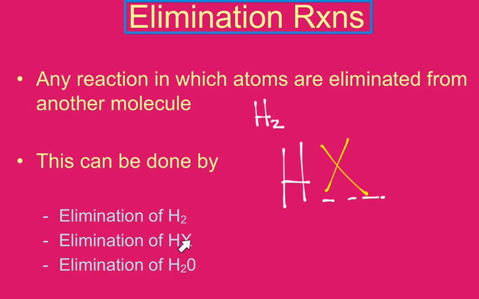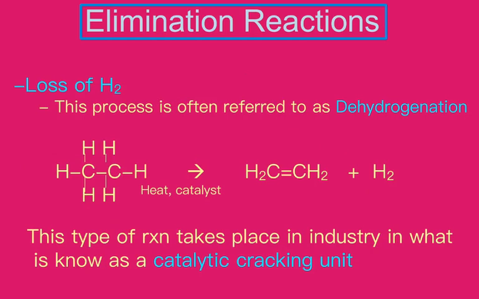Can you see? It's H and something. Or we remove H and oxygen. Can you see? We are going to form a double bond. All right. So, elimination reaction. This process, they said, is the loss of H2.